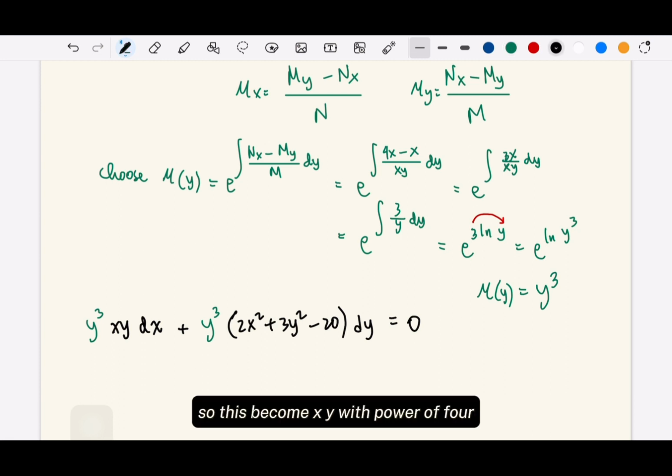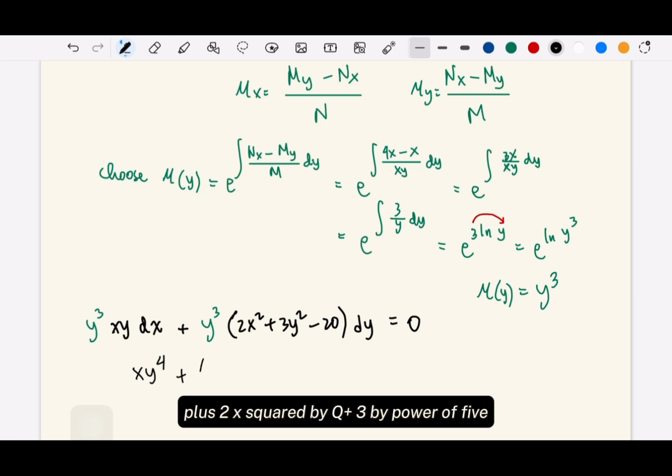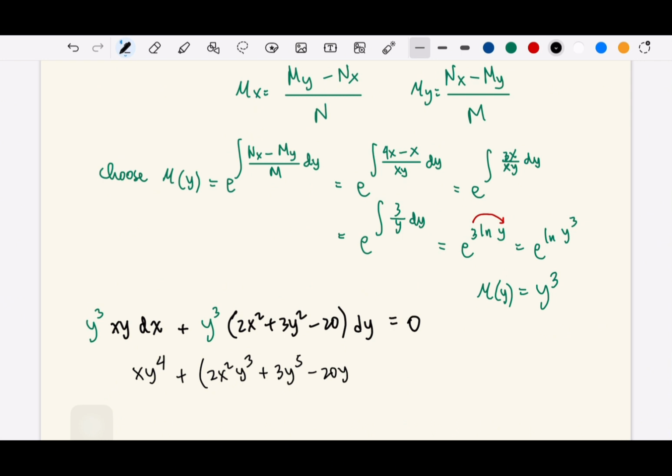So this becomes xy to the power of 4 plus 2x squared y cubed plus 3y to the power of 5. Oh, I missed out the dx. And equal 0.